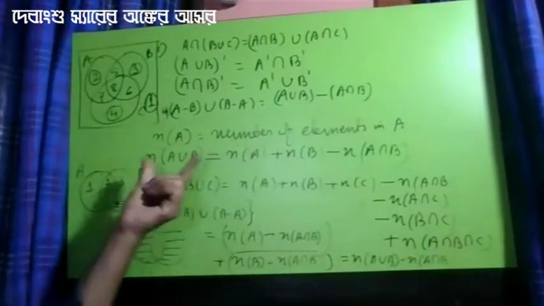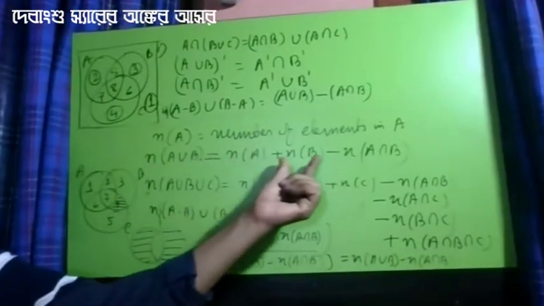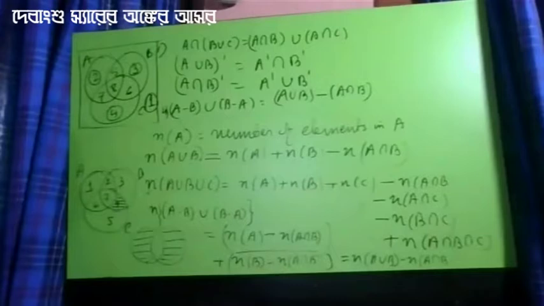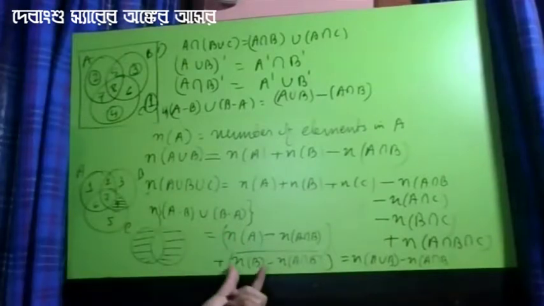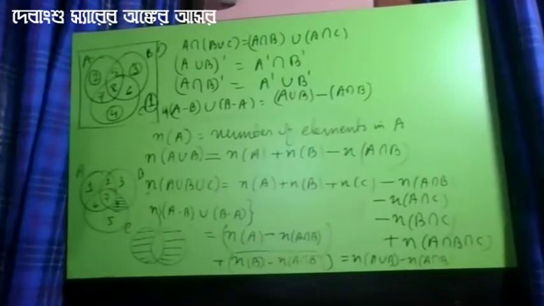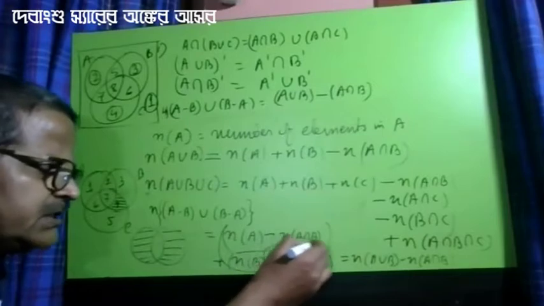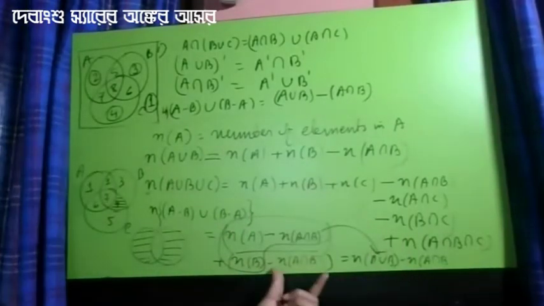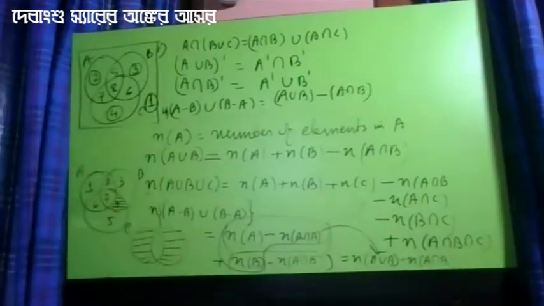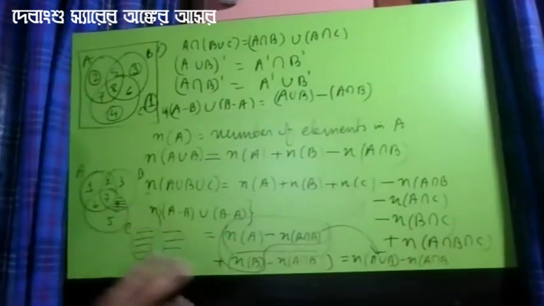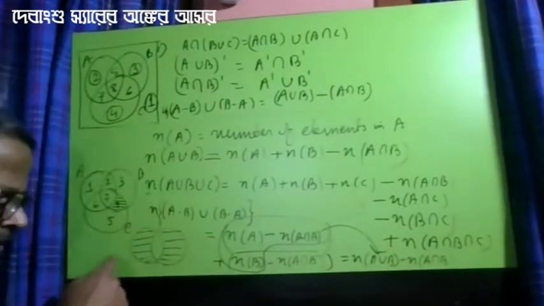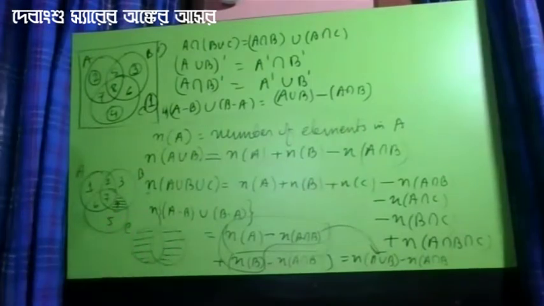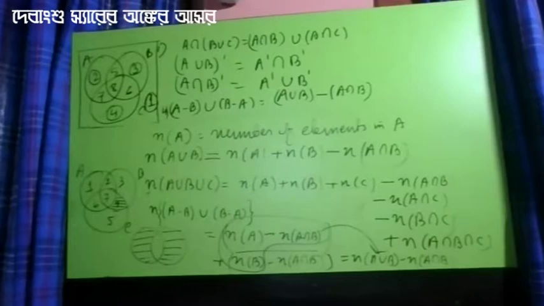We have just established that n of A union B is n of A plus n of B minus n of A intersection B. So these 3 give you n of A union B, and this is left behind. So in this way, on the guidance of the Venn diagram, we calculate the number of elements of any combination of sets. Okay.